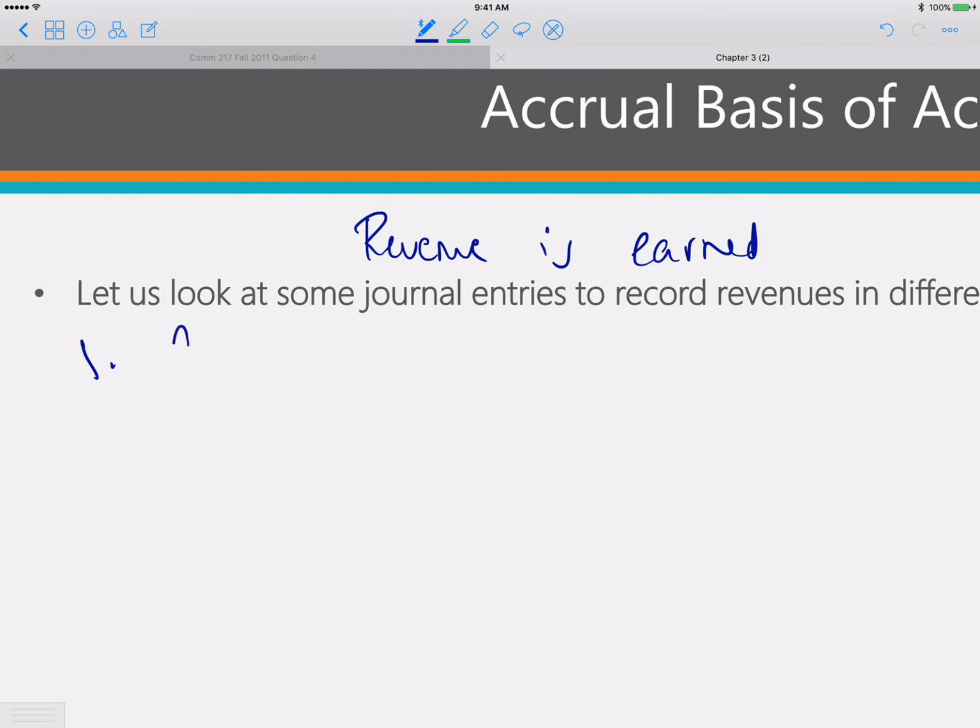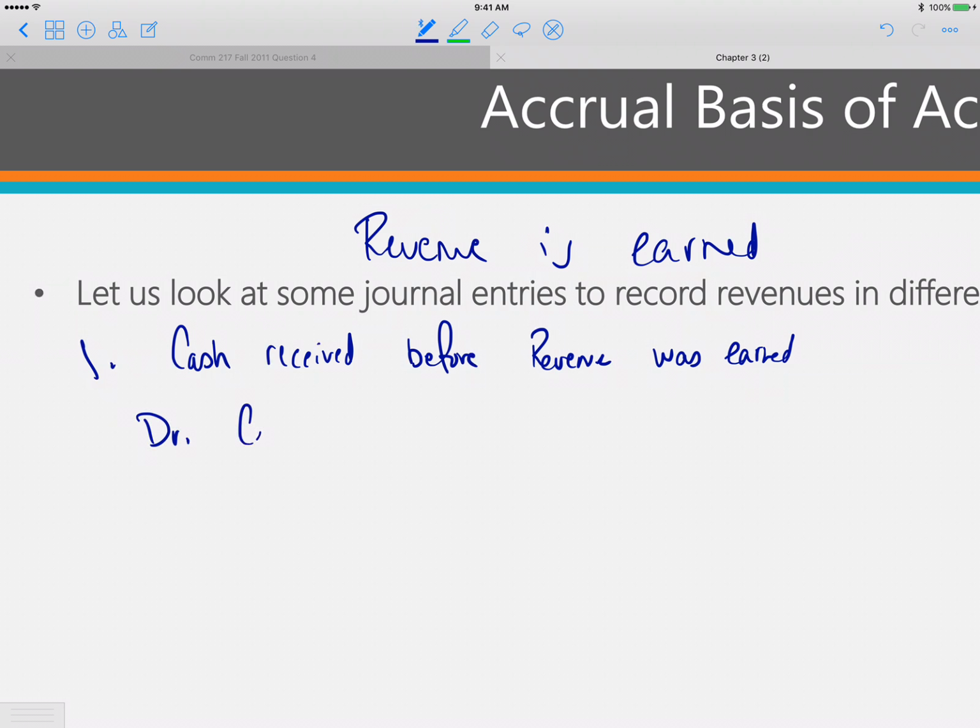So cash received before revenue was earned. So the first step, right, we debit cash, which is an increase to assets because we received cash, but we haven't earned the revenue yet.